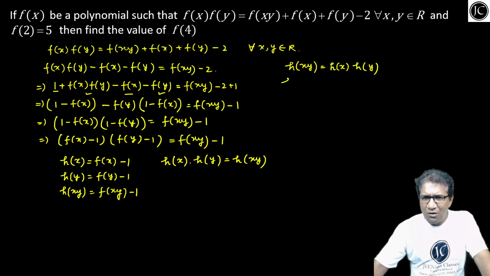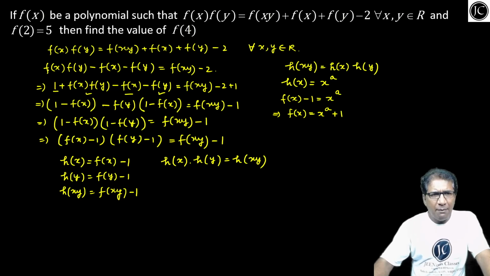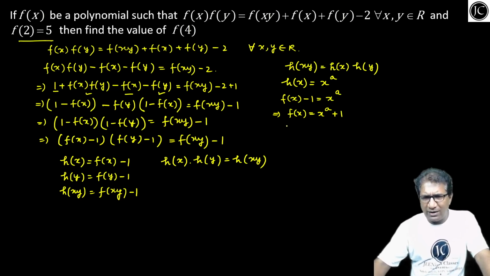इसका मतलब क्या हुआ? We will take hx as equals to x to the power a. Now hx मेरा क्या है? fx minus 1 which is equals to x to the power a. इसका मतलब बच्चों हुआ fx is x to the power a plus 1. अभी क्या बोला है? f2 is 5. What is f2?